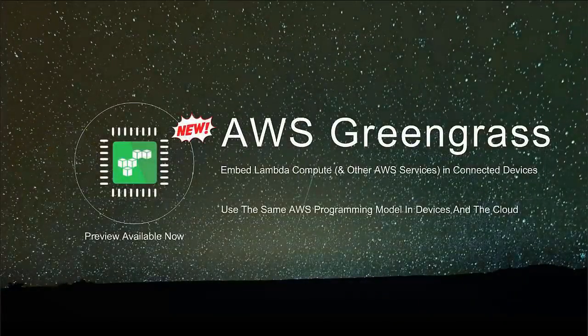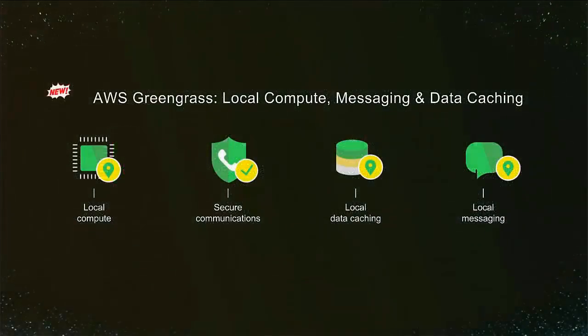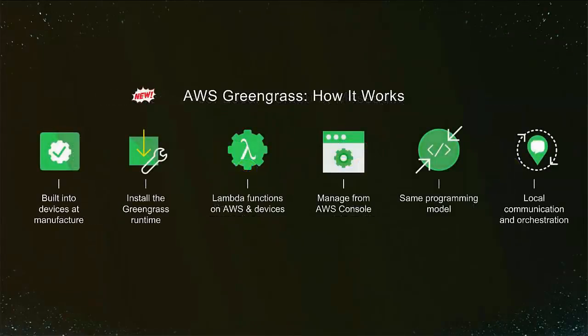In response to that, we announced a preview at AWS re:Invent in December last year of a brand new service called AWS Greengrass. This is a binary deployable, a piece of software that you would install and run on the ARM or Intel platform, and it's intended to be deployed in these semi-disconnected or disconnected environments. It provides local compute, secure communications, local data caching with a local shadow capability, and local messaging through a local MQTT gateway.